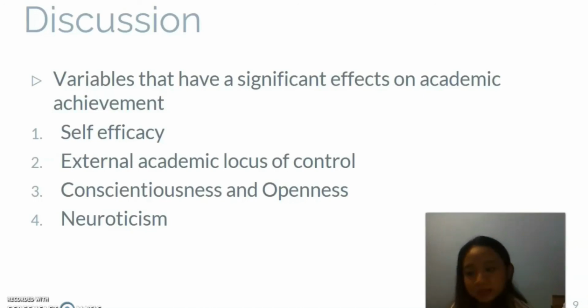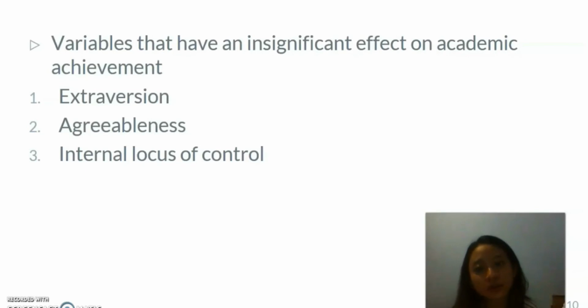Meanwhile, neuroticism has a negative and indirect effect on academic achievement because people who are stressed and anxious on a daily basis would have more difficulty being successful academically because online learning is a different or an unfamiliar situation.